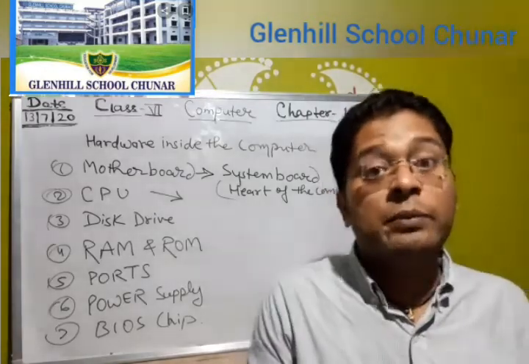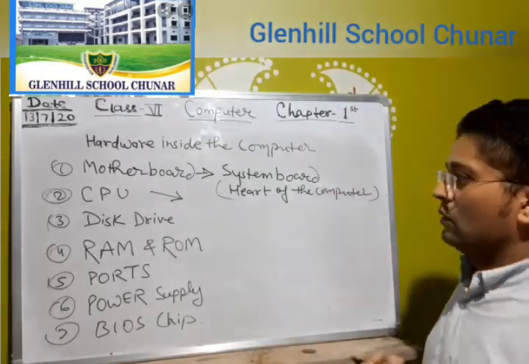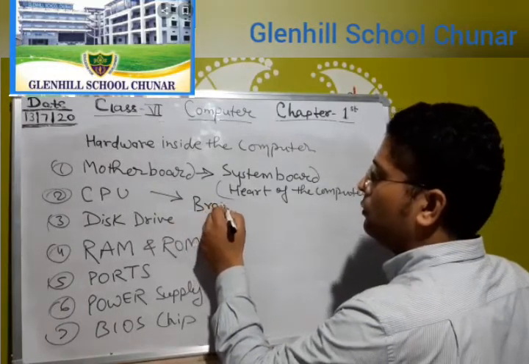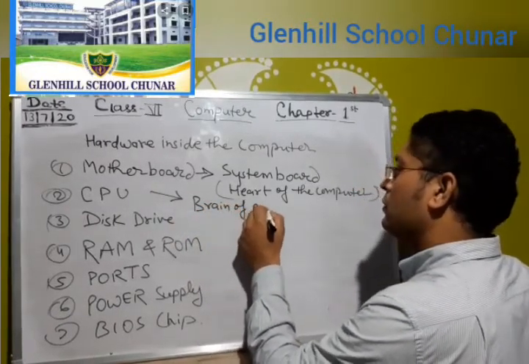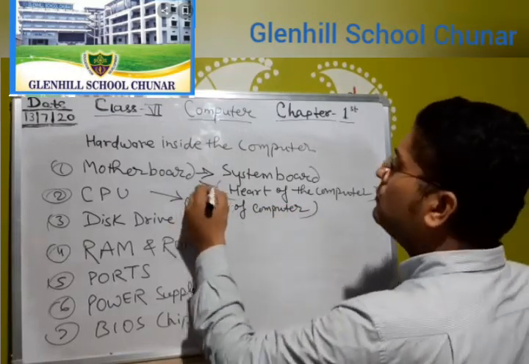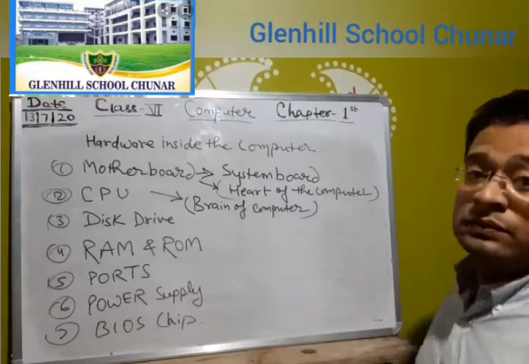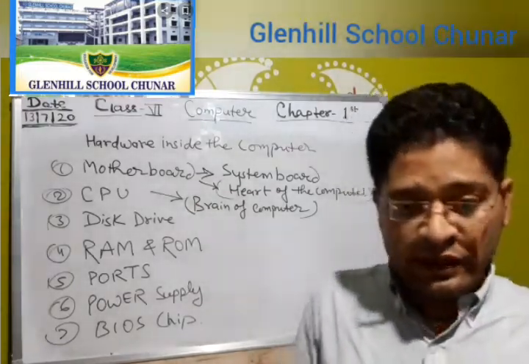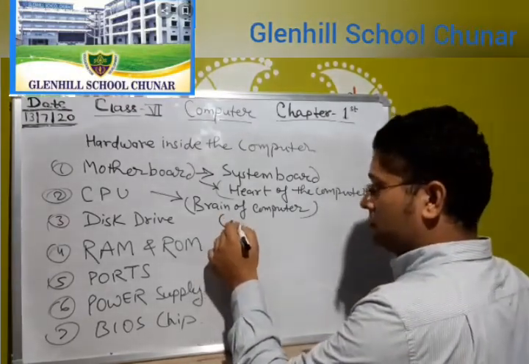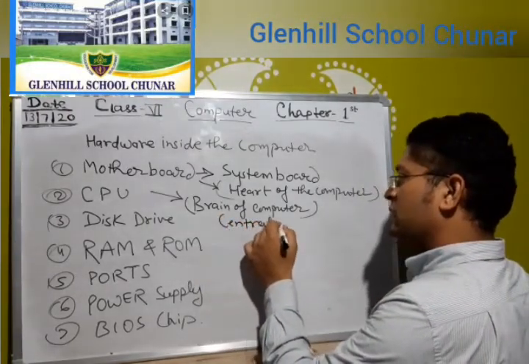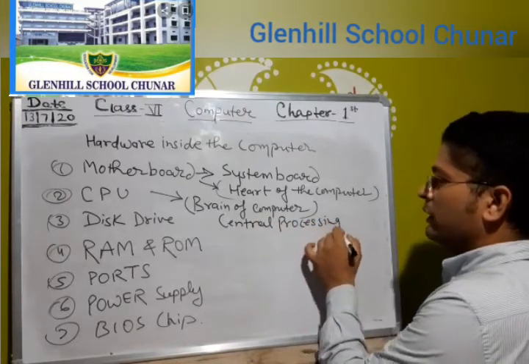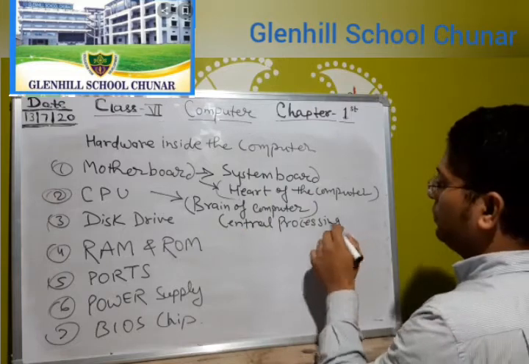Okay, students. And then after that, the CPU. So the CPU is the brain of the computer. So we can say that the other name of CPU is brain of the computer. And what is the full form of CPU? Central Processing Unit. This is the full form of CPU.